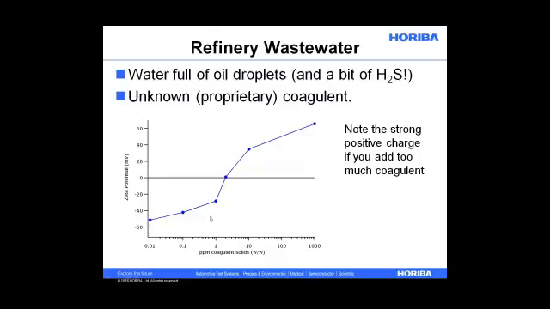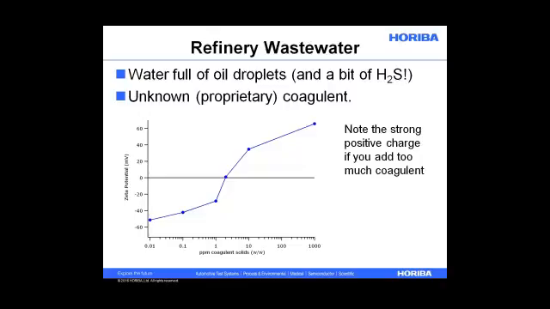So you don't need to know much about the coagulant you're using to make these measurements. The second thing is, as I add it, I only need a little bit, that's great, but if I add too much, I can restabilize the suspension. And so once again, that drives home the importance of making these sorts of measurements rather than simply saying, 2 ppm works well, let's go up to 20 just to make sure things work.